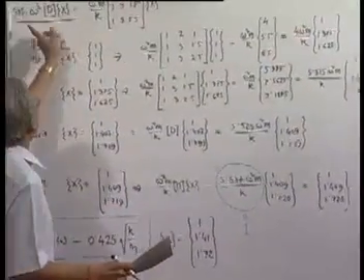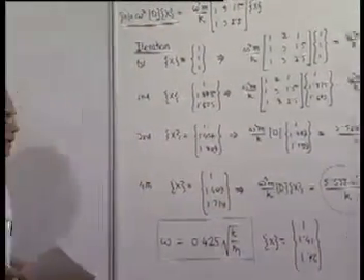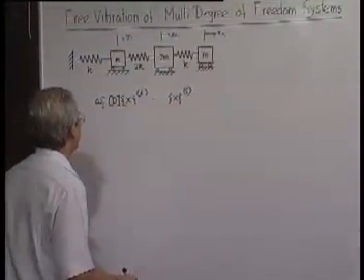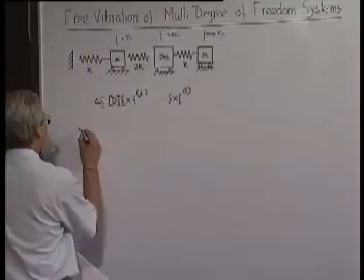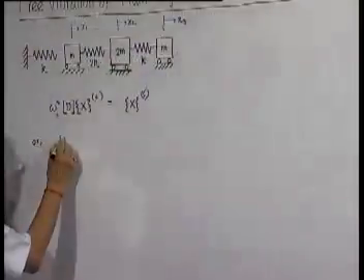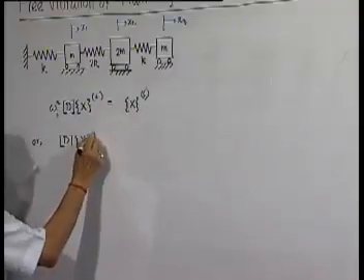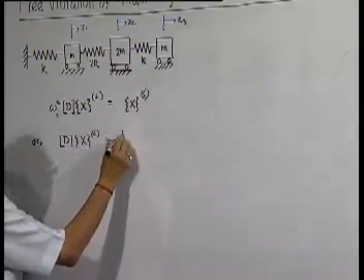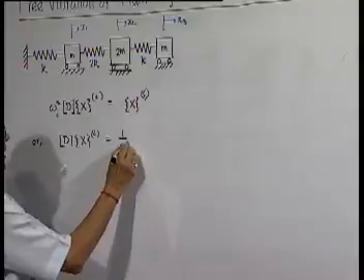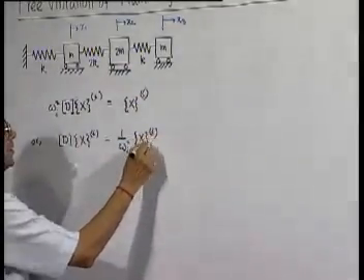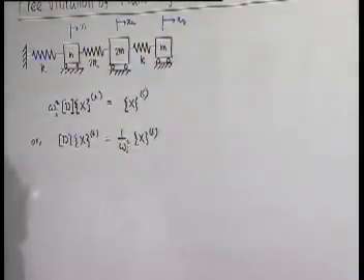Always remember this is valid only for a natural mode of oscillation, and let that be the ith mode. Or we can write D x is nothing but 1 by omega i square x, for all the natural modes, i is equal to 1, 2, 3 and so on.